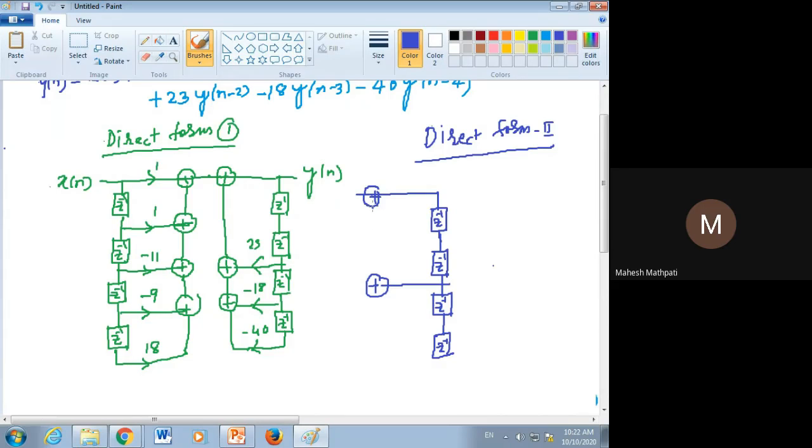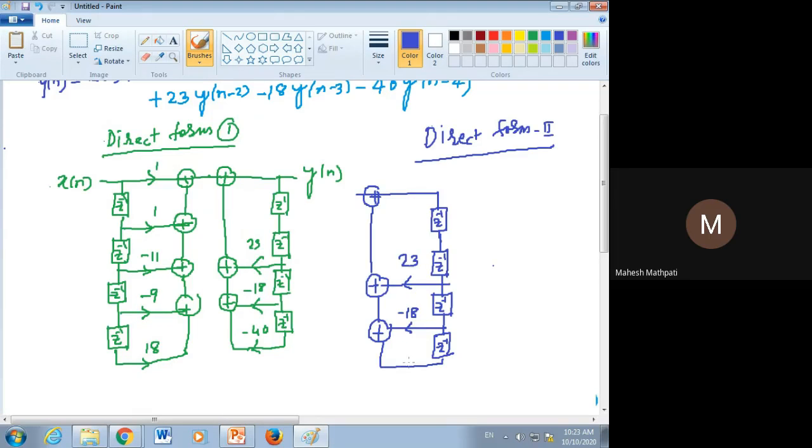So without forgetting whatever is there on the right side, first draw it as it is. Most of the time the students make a mistake here. They draw this as it is, but they change the signs. So please don't change the signs. Keep the signs as it is.